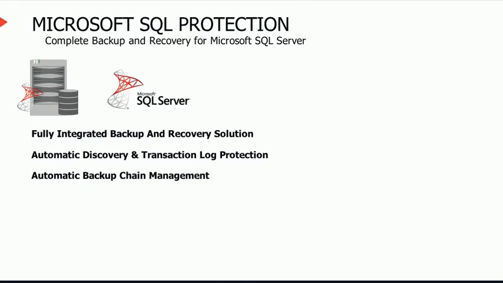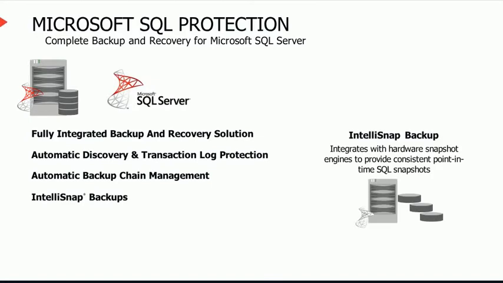Automatic backup chain management can automatically detect inconsistency in the backup chain and respond accordingly. The required database and log backups are automatically restored and rolled forward to the desired point in time and database state. IntelliSnap creates nearly instantaneous recovery points via a broad number of hardware vendors' storage array snapshots.